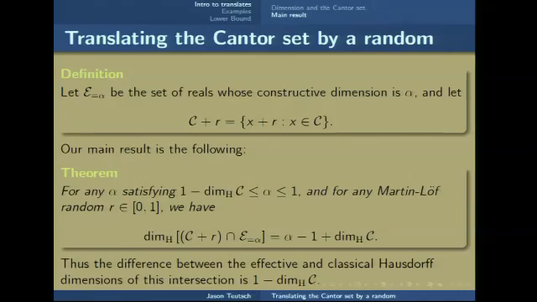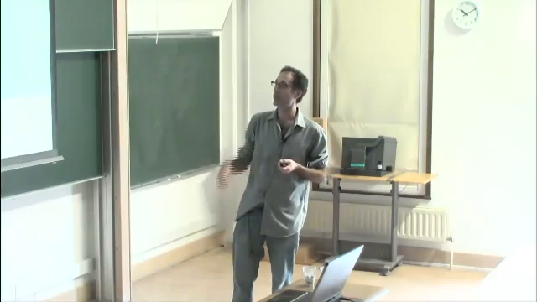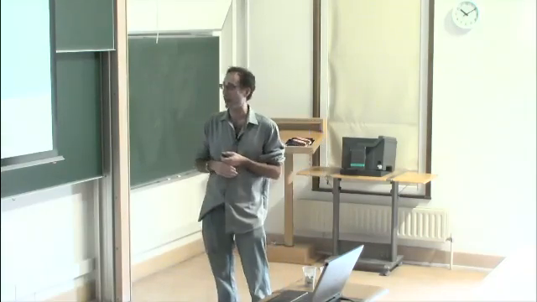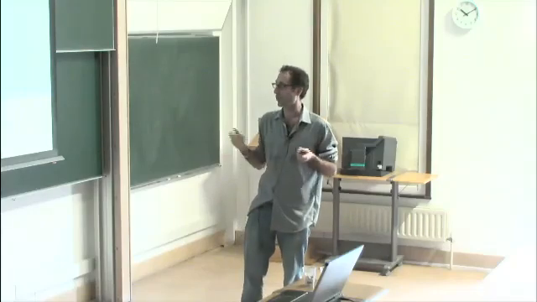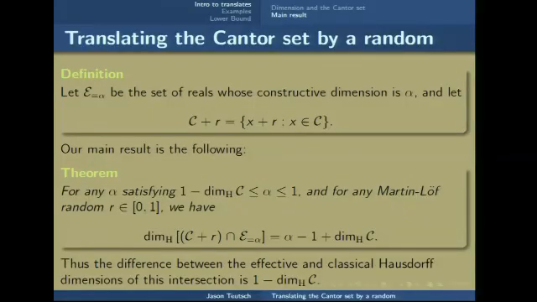So the main result is the following. If you take an alpha whose classical Hausdorff dimension is between 1 minus log 2 over log 3 and 1, then for any Martin-Löf random r in [0, 1], the classical Hausdorff dimension of the translated Cantor set restricted to all points of constructive dimension alpha is exactly alpha minus 1 plus log 2 over log 3.